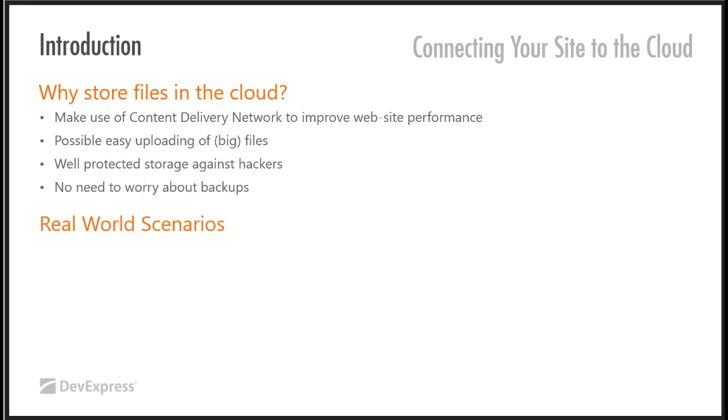So what can we do with it? Because it's all kind of nice, but what kind of scenarios can we think of? Well, for instance, one important thing: if you are running multi-instance high-performance websites, that will mean that you have two web servers with a load balancer, and you have user-added content.